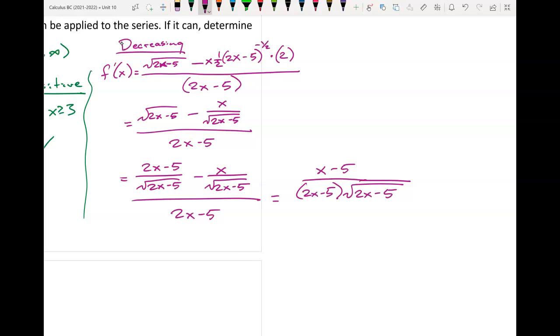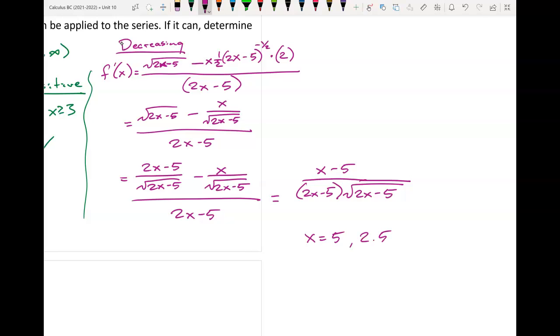Now we need to know when this is decreasing. So let's look at our critical points. We have x equals 5 from the numerator, and the denominator is only going to be equal to 0 at 2.5.